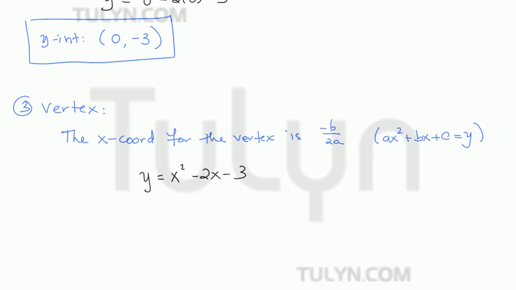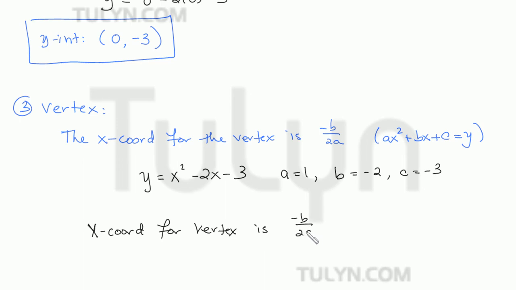So in this case, a is equal to 1, b is equal to negative 2, and c is equal to negative 3. So then the x-coordinate for the vertex is going to be negative b over 2a, negative negative 2 over 2 times 1.